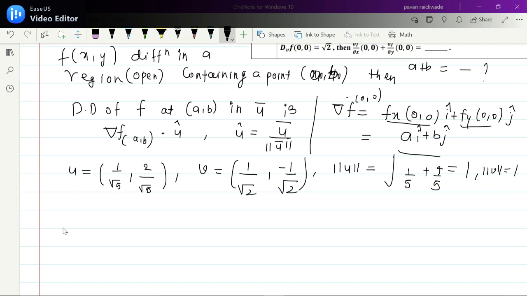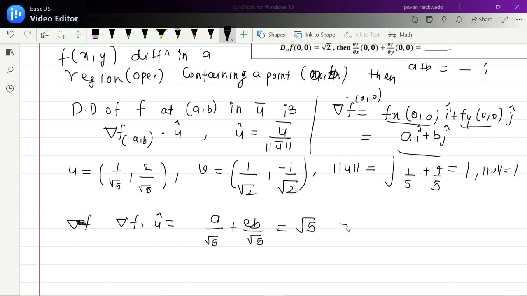Gradient of f you don't have to find. This is unknown, a i cap plus b j cap. So what is grad f dot u cap? It is the dot product, which is a by root 5 plus 2b by root 5, which is given as root 5.